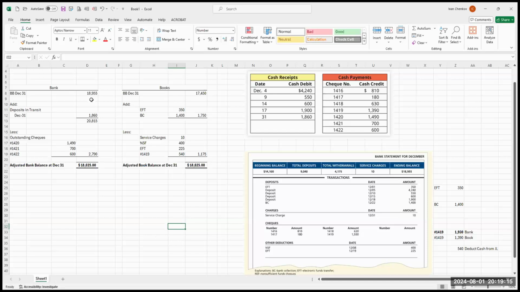Even though the bank shows that you have $18,955, after you deposit the last deposit that you made in your books for $1,860, and vendors clear their checks for $2,790, your balance in the bank should naturally come to $18,025. So the $18,025 is the amount that you have available as cash at this very moment.